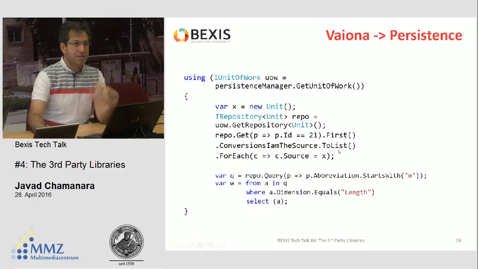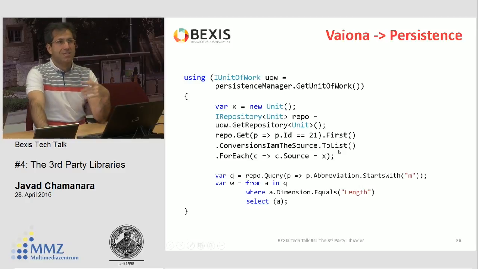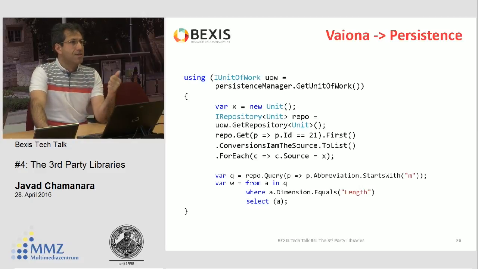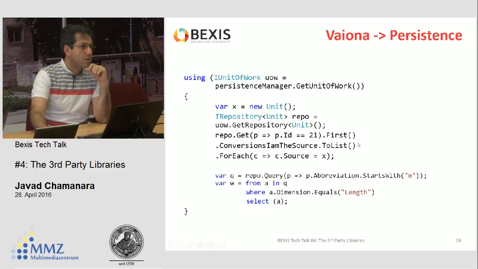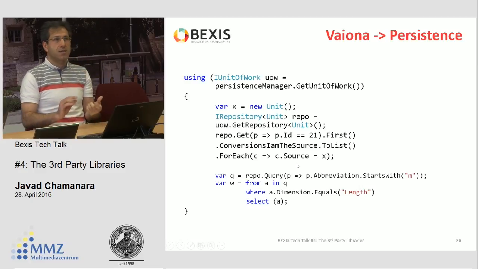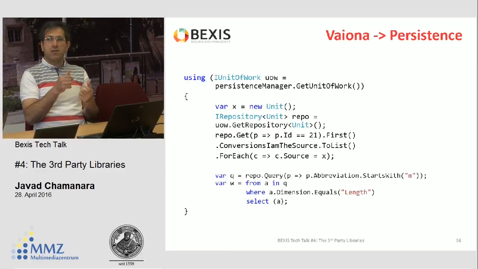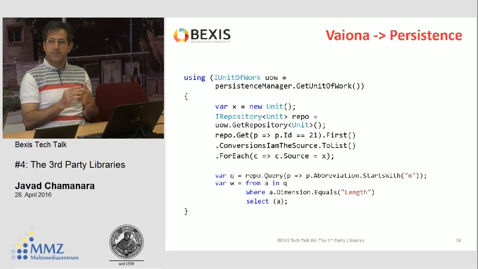So it's a second query that is asking the database to retrieve all the units that unit 21 is their source. And then for those items, I'm just changing the source. So it's like replacing the source of all the units that are using unit 21 as source with the new unit that is named X.